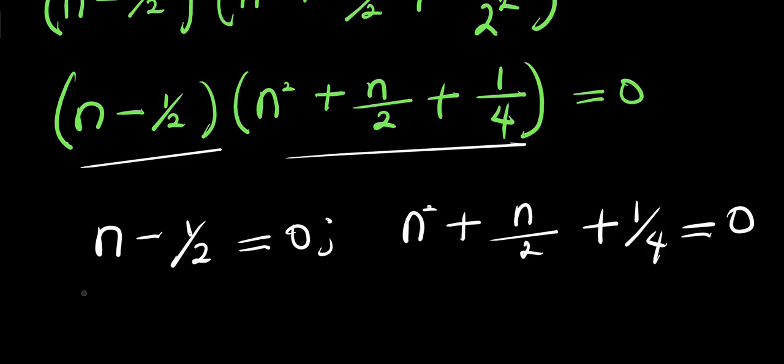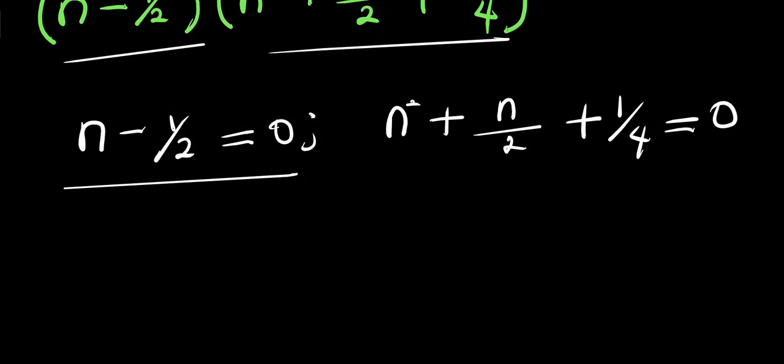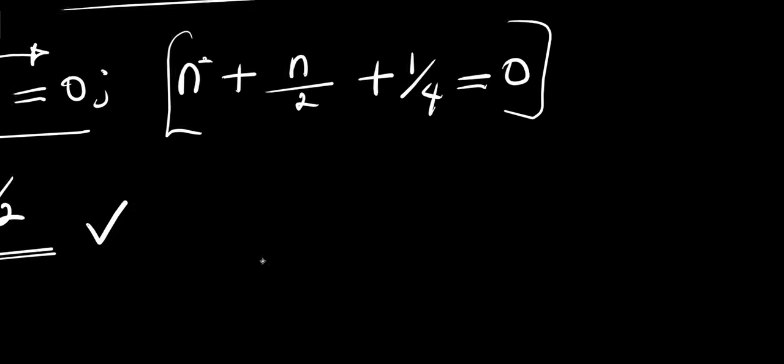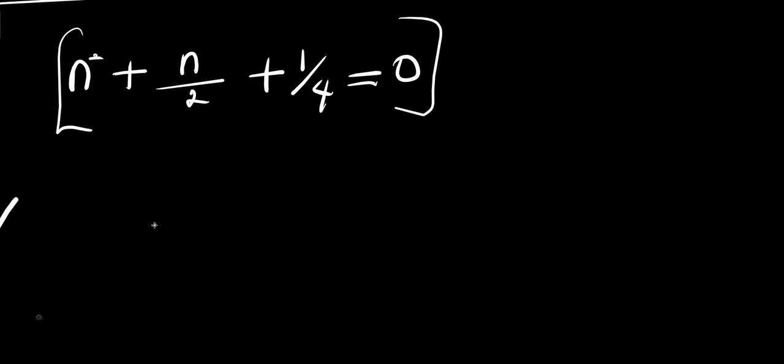So, to solve this one here, I'll simply move this over here. That means my n equals 1 over 2. That's my n1. Now to solve this one here, this is more like a quadratic equation, but we need to find the common LCM.